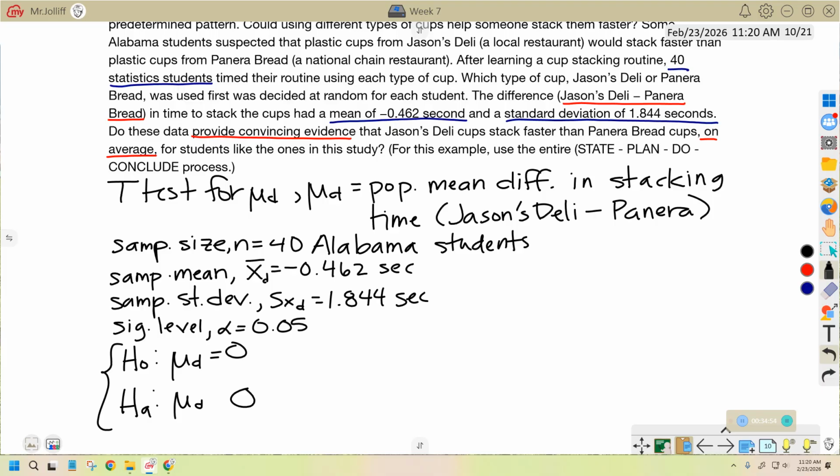So, last sentence. Do these data provide convincing evidence that Jason's Deli cups stack faster than Panera? If I am doing Jason minus Panera and Jason is faster, will that subtraction be positive or negative? Negative, because faster means smaller time.